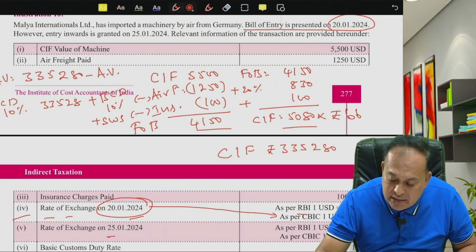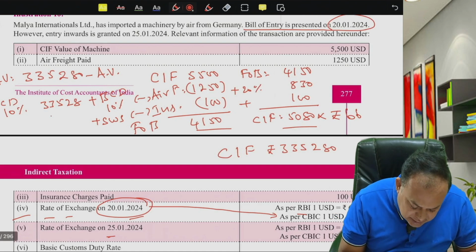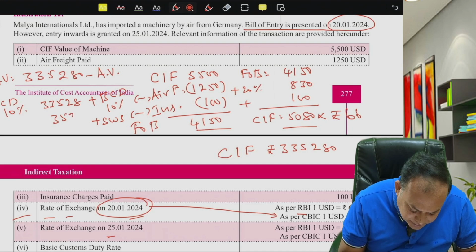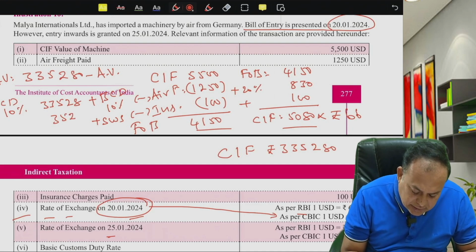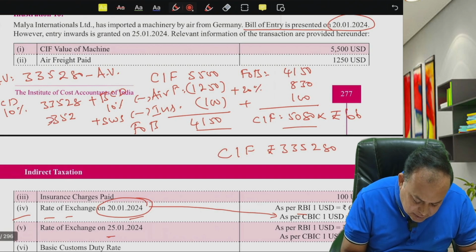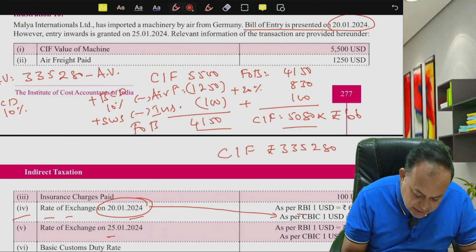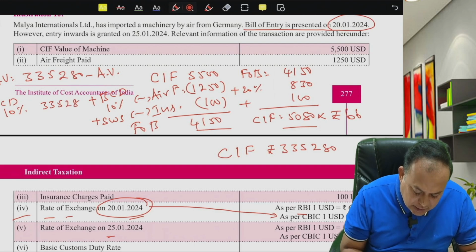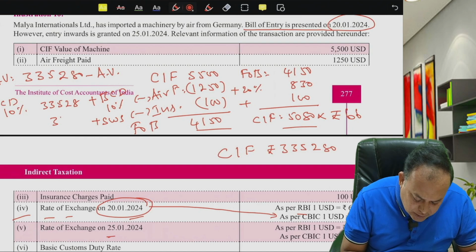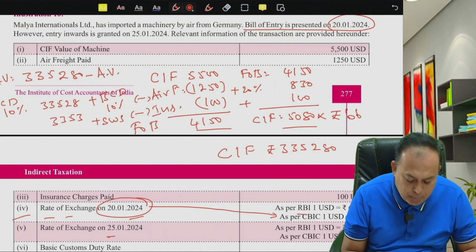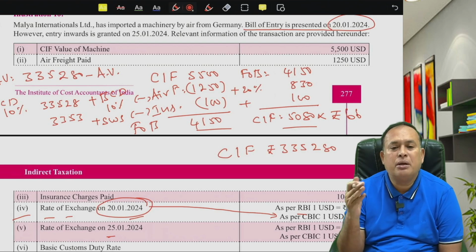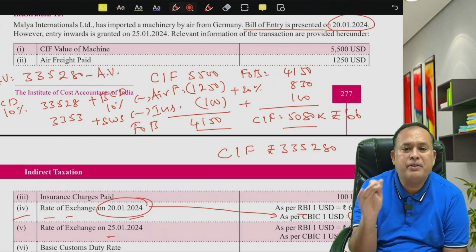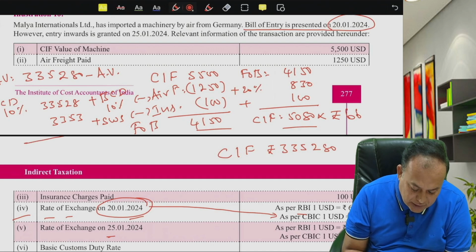So 10% on BCD of 33,528 comes to 3,353, because 80 paise is coming, which is above 50%, so it rounds to 1 rupee. So 3,353, I said.